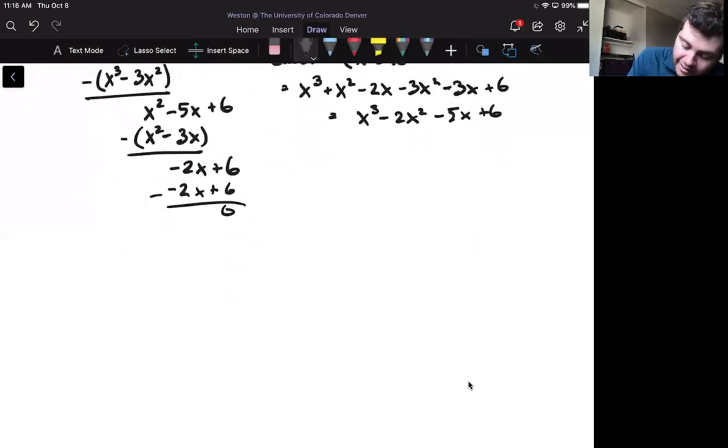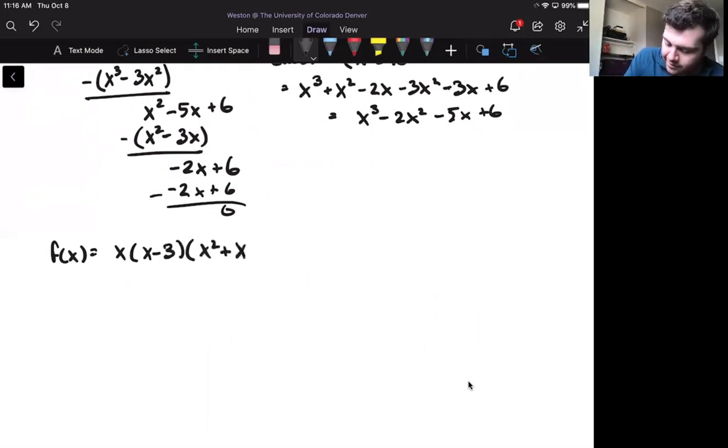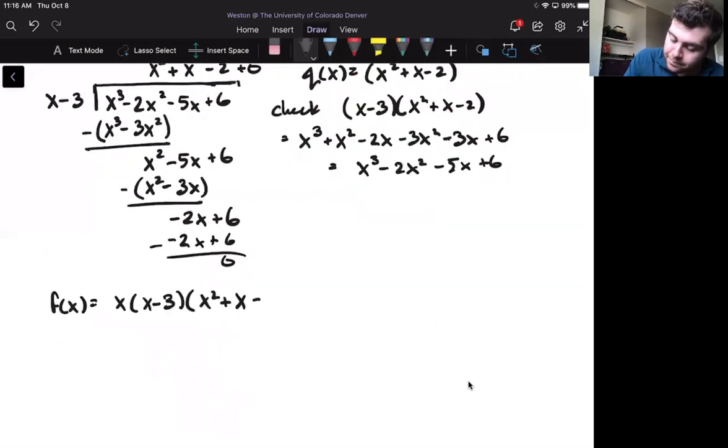So therefore, we get f of x equals x times x minus 3, and then the last one, which is x squared plus x minus 2.